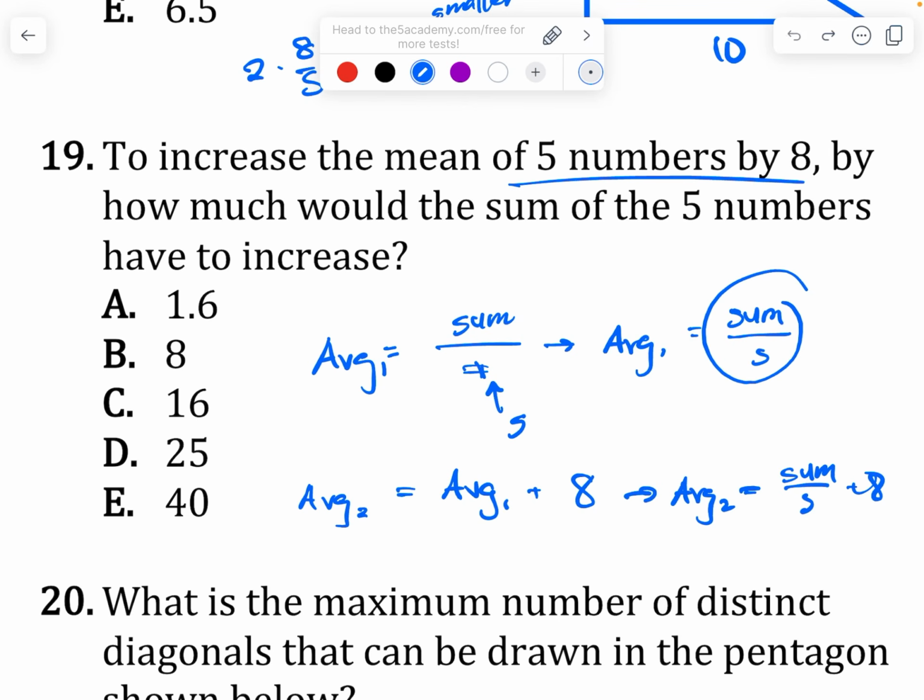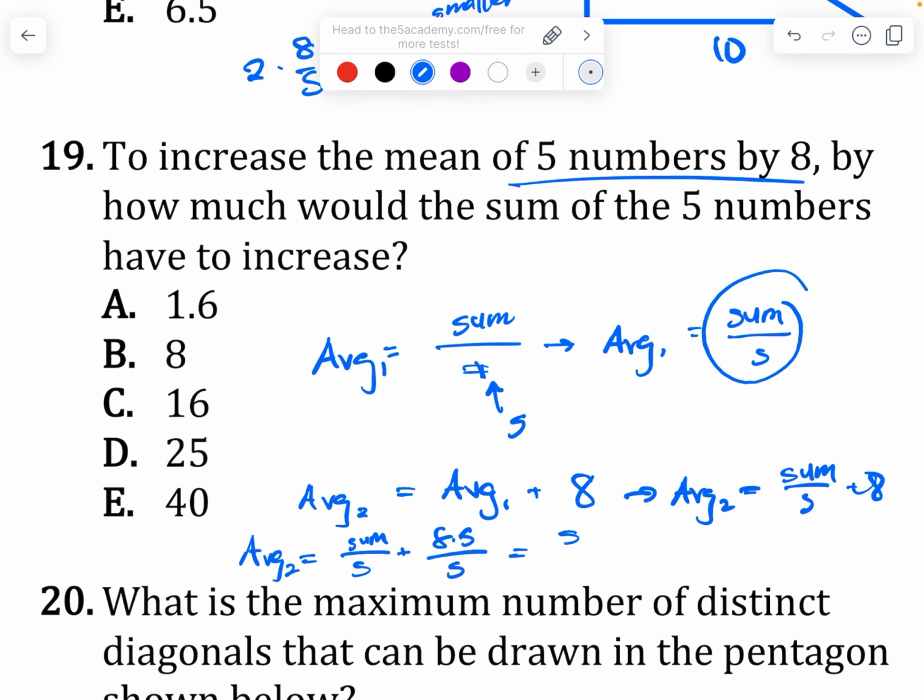Average 2 is equal to sum over 5 plus, I want to move this 8 into the sum fraction. So I have to rewrite it with a denominator of 5. So I can do 8 times 5 over 5.